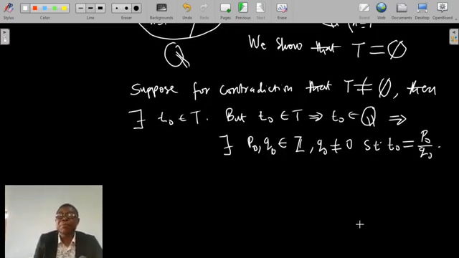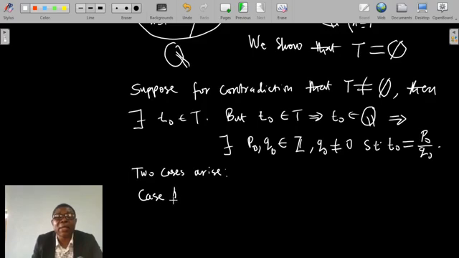So here two cases arise. Case one: here we assume that q naught is bigger than 0.